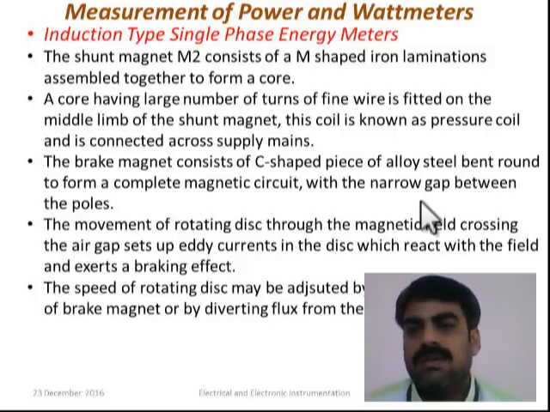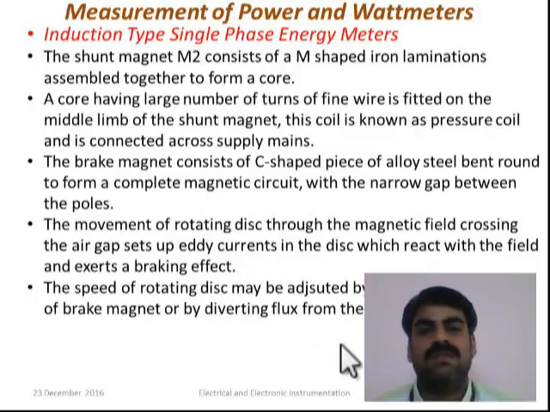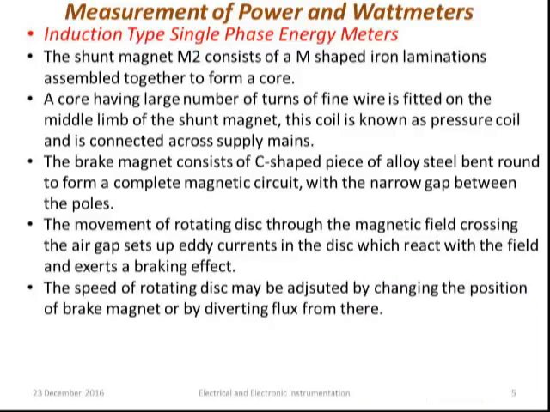Because of that, when the disc moves through the magnetic field, crossing the air gap, it sets up eddy currents in the disc, which react with the field and exert a braking effect. This braking effect can be adjusted by adjusting the position of the braking magnet or by diverting flux from it.